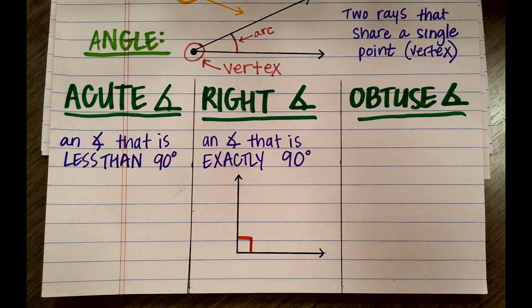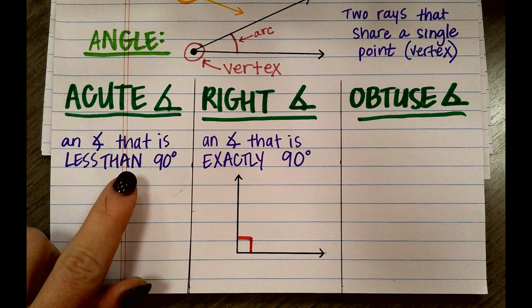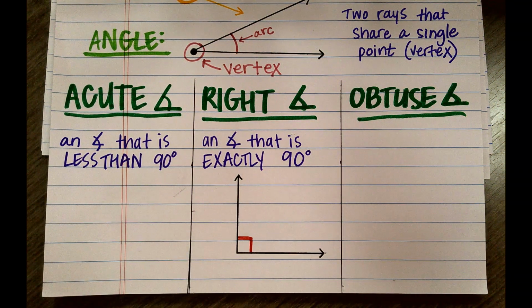Now, it doesn't matter how much smaller than 90 it is. If it's 89.9999999, it's not 90. It's less than 90. So even just the tiniest bit smaller, it is an acute angle.